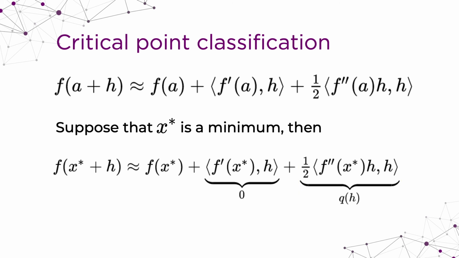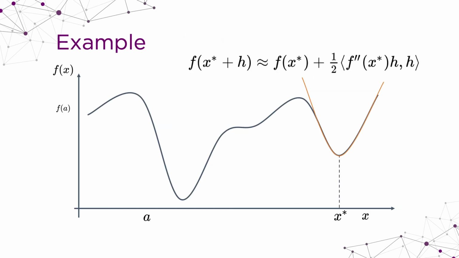And if it's a minimum, then this new approximation, which is better than the linear approximation, will approximate the function f evaluated at h star plus h. It will be approximately equal to f evaluated at h star plus 1 over 2 times this term, q of h. And the approximation that we are using now with this second order term is a quadratic function.